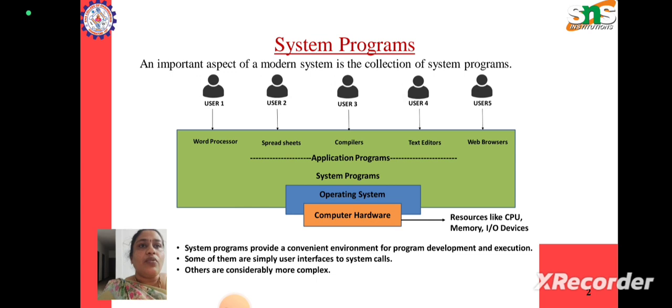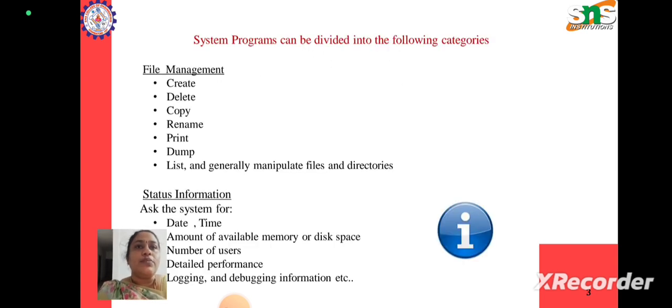Now we will see how we categorize these system programs into different categories based on the kind of task that they perform. System programs can be divided into the following categories. We will see the categories one by one. The first one is file management. The system programs that help in managing our files fall under the category of file management system programs.